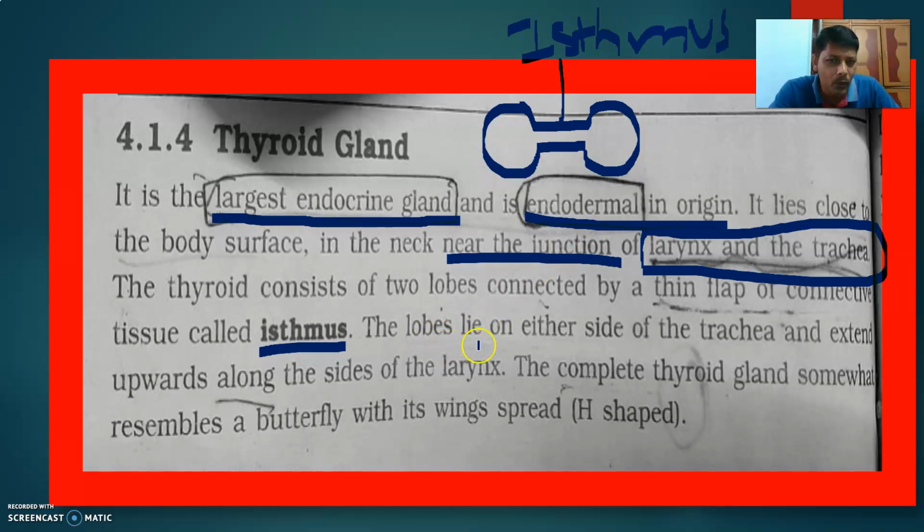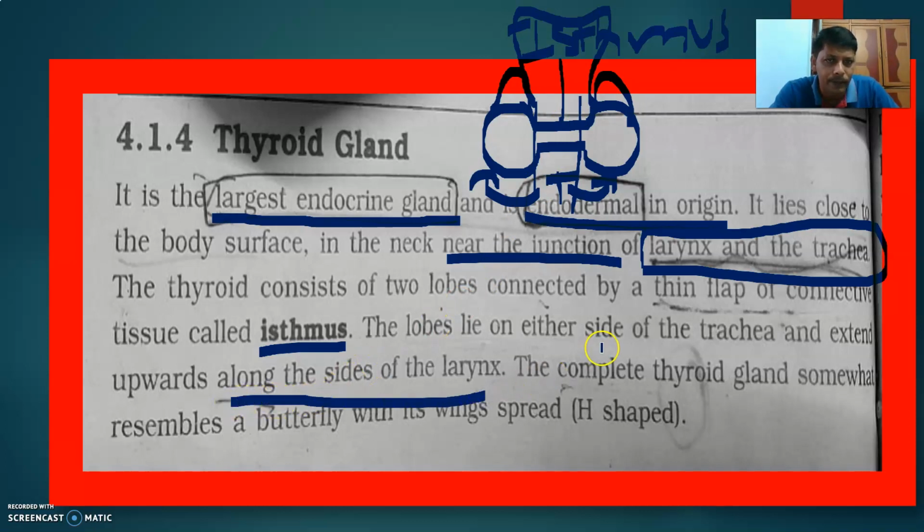The lobes lie on either side of the trachea, here is the windpipe, and extend upwards along the sides of the larynx.